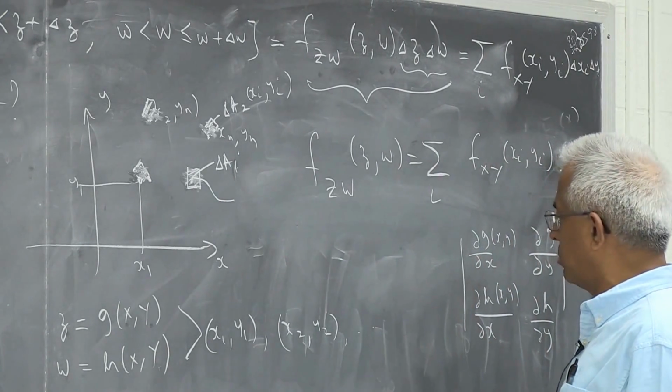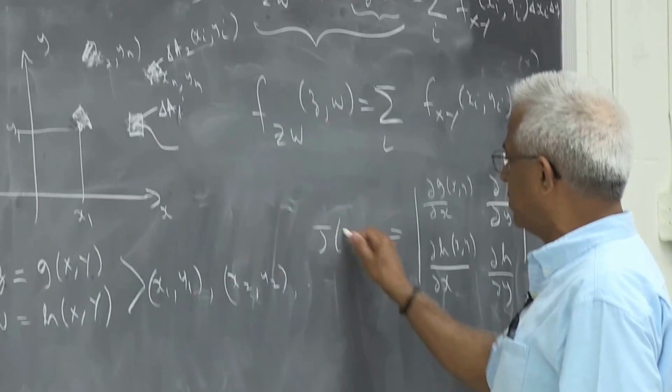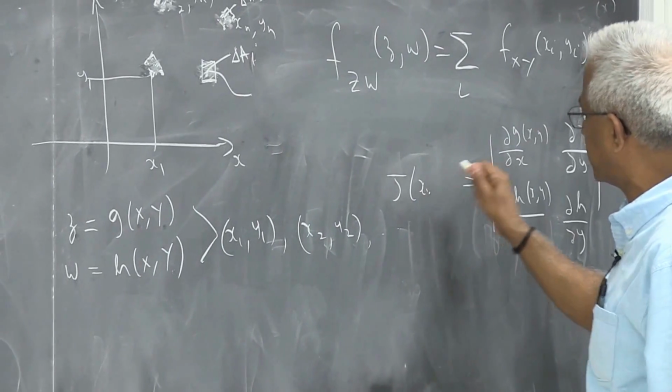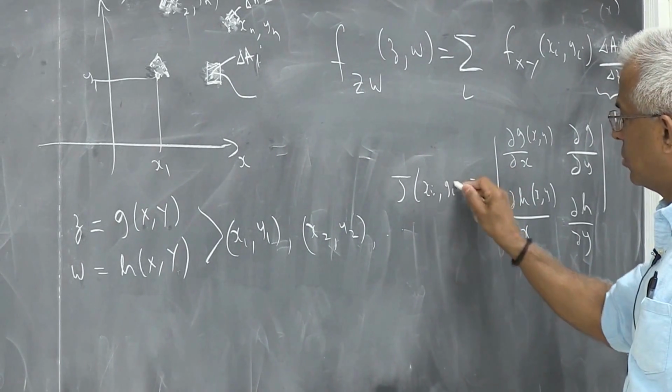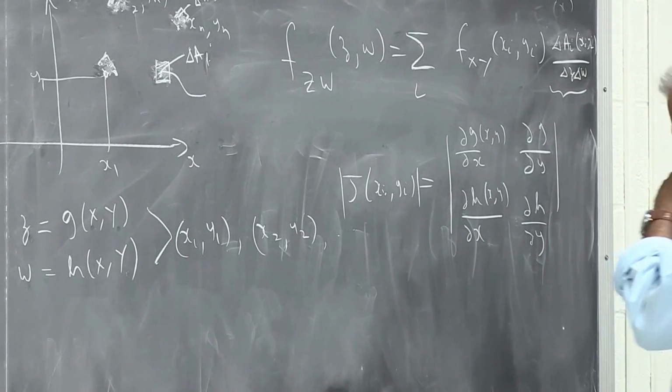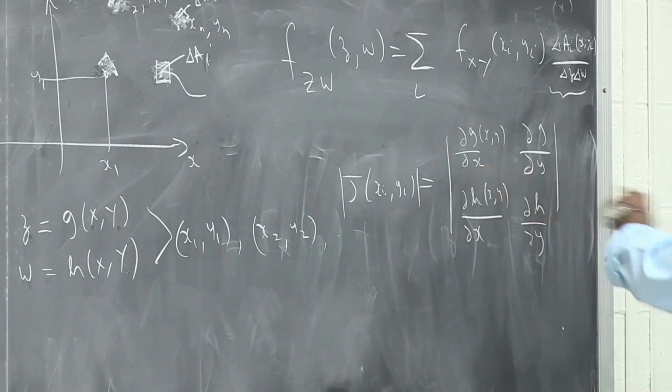The notation I use generally is that this is evaluated at the specific solution xi comma yi.